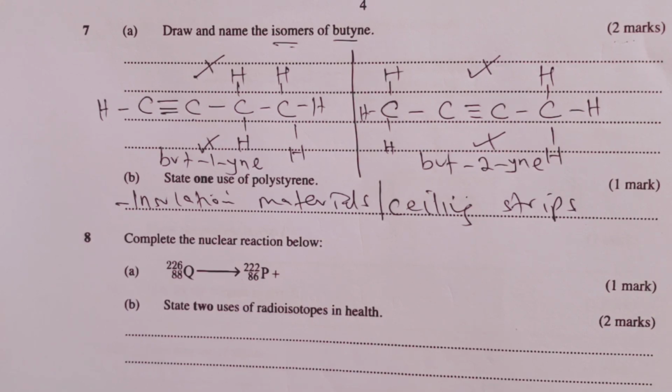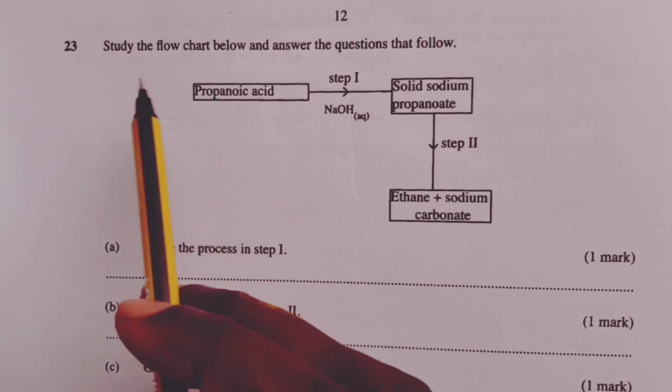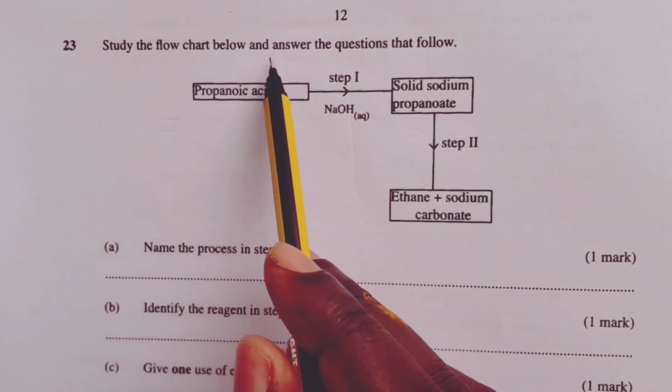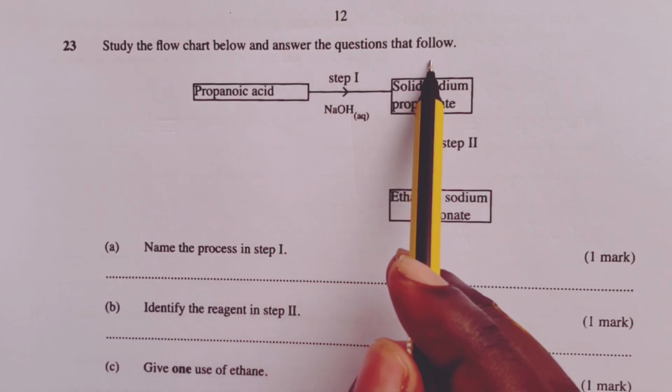Next question is still within the year 2014, and this time round it is question number 23. Study the flowchart below and answer the questions that follow.